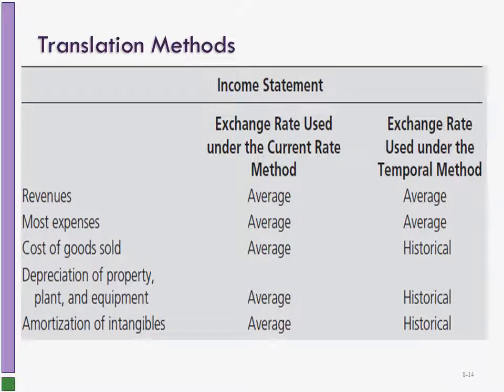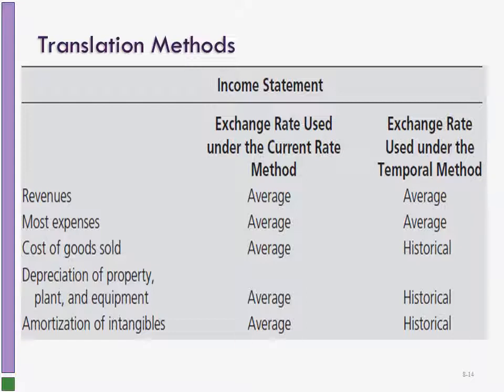The last slide indicating the difference between the current rate method and the temporal method gives the exchange rate to be used when translating the income statement. The average exchange rate is used under the current rate method for all income statement items.